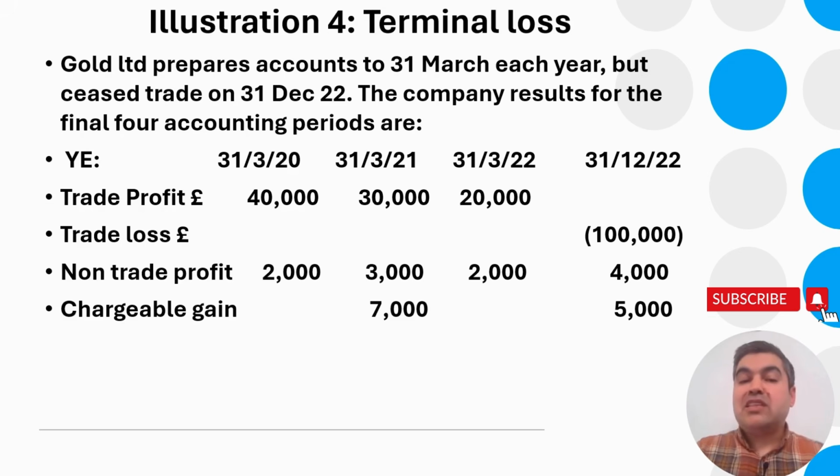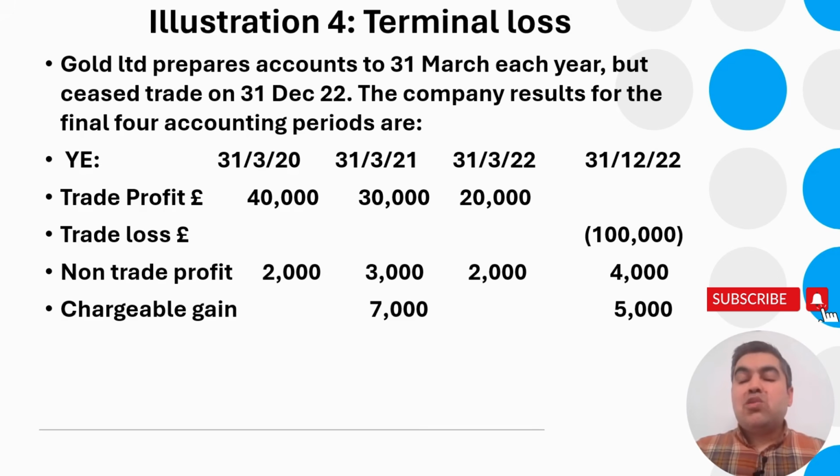Gold Limited prepares accounts to 31st March each year, but ceases to trade on 31st December 2022. The company results for the final accounting periods are as follows. Remember, the final accounting period is only 9 months long, and there is a loss of 100,000.